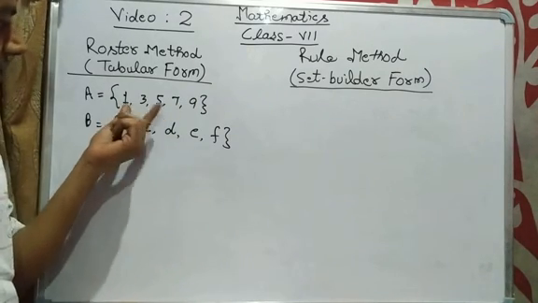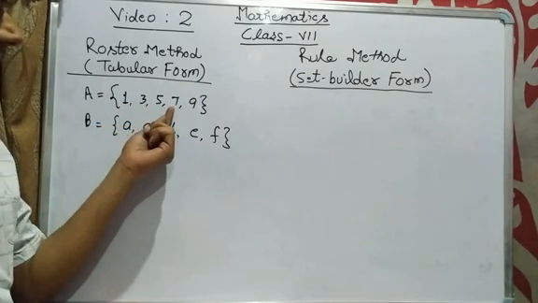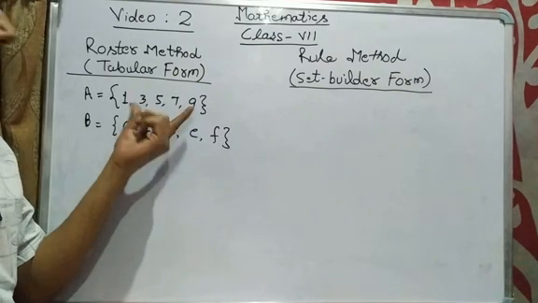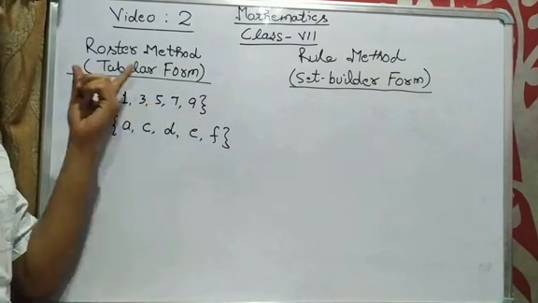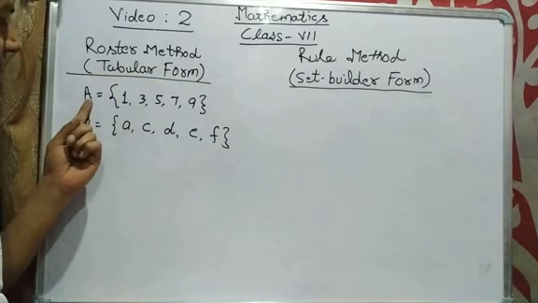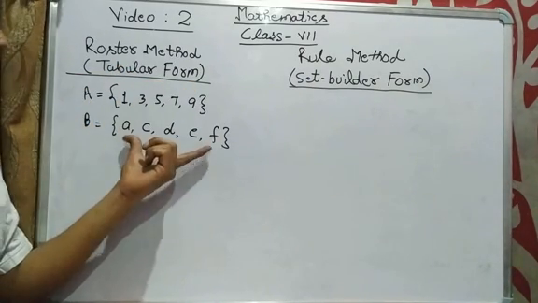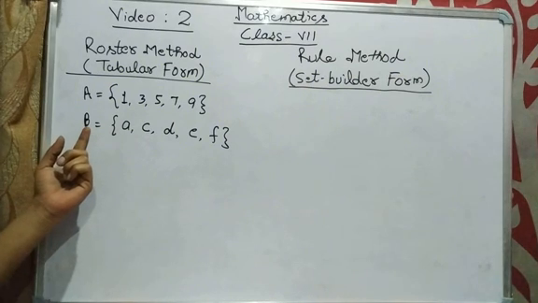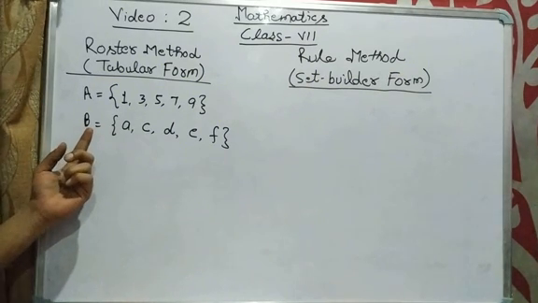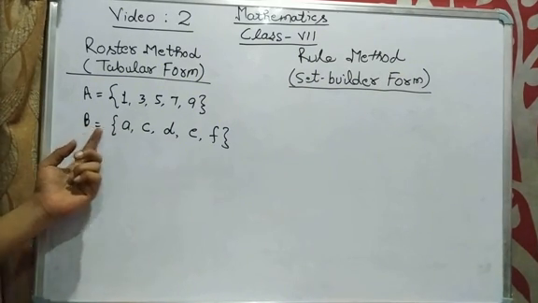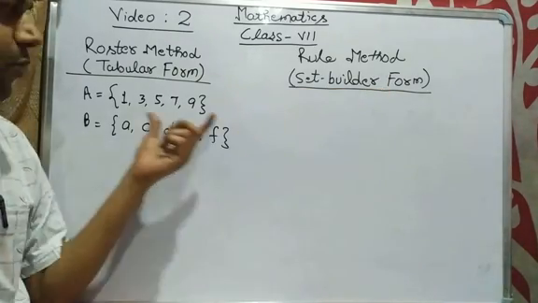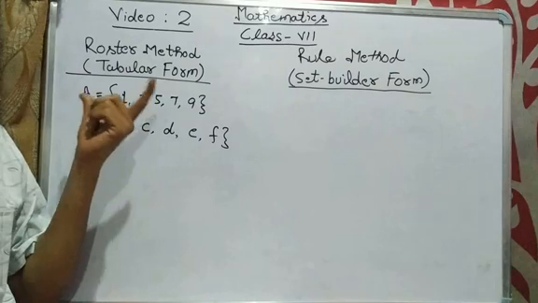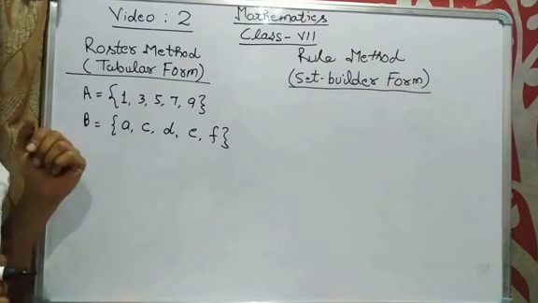Here students, when we write the elements separated by commas between curly braces, this form is called the tabular form of set A, or set B in tabular form. Now in the set builder form, we have to identify some common properties of the given elements of a particular set.